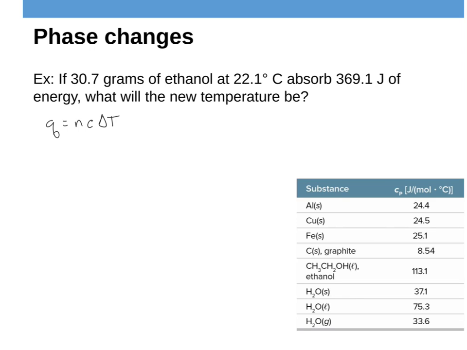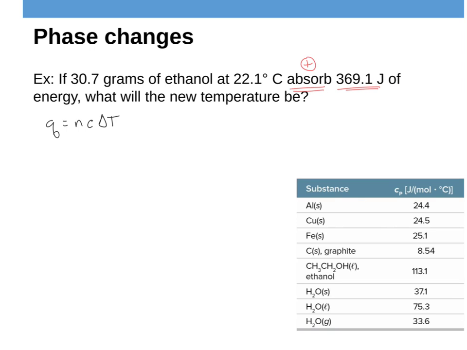Okay, so for this one, let's put in what we know. Q, I actually know my Q. It says that it's 369.1. And what you want to be mindful of is the sign of it. It says that it absorbs. So we know that when things absorb, that means it's a positive value, right?